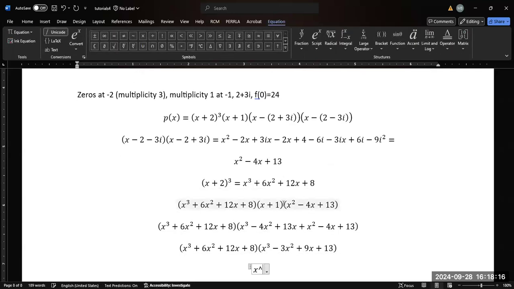And then we FOIL one more time. So x cubed times x cubed, x cubed times negative 3x squared, x cubed times 9x, x cubed times 13, 6x squared times x cubed, and 6x squared times negative 3x squared, and 6x squared times 9x.